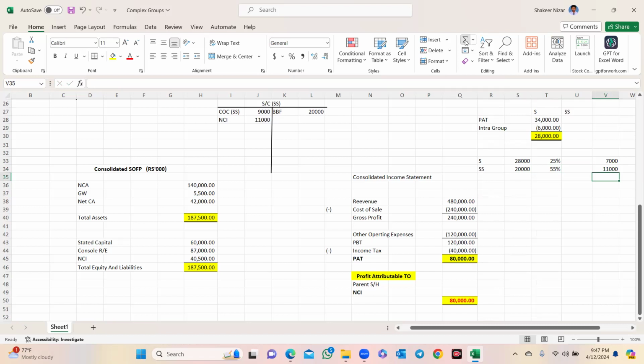Altogether we have NCI of 18,000 profit.